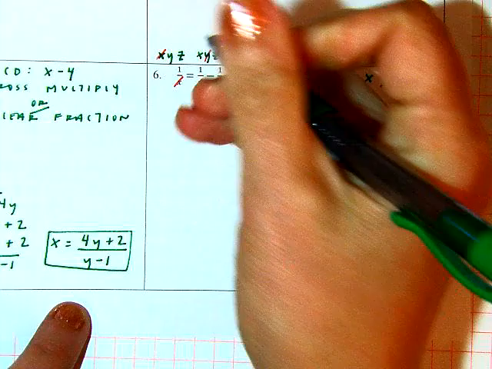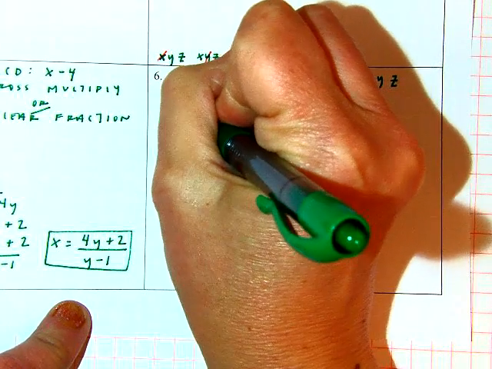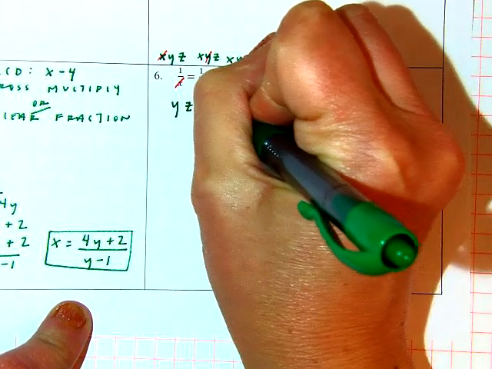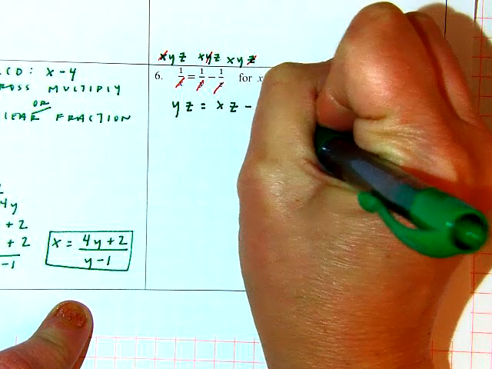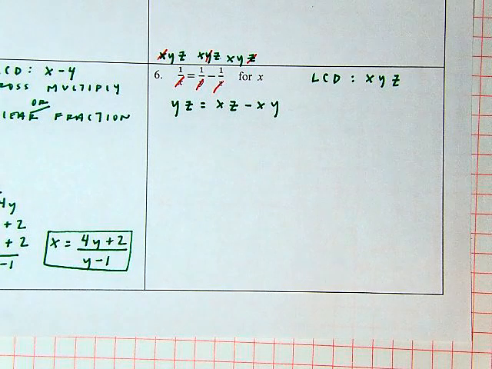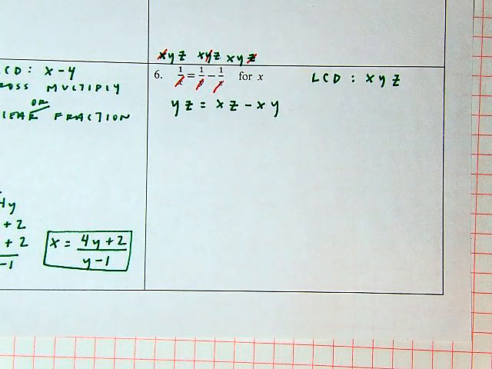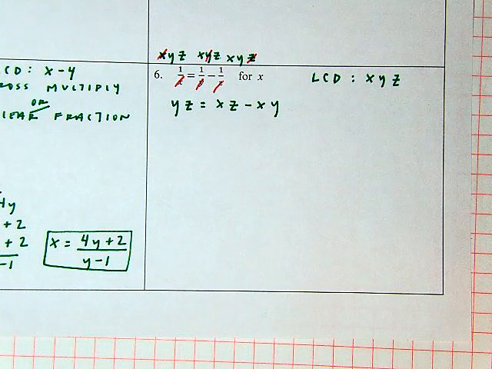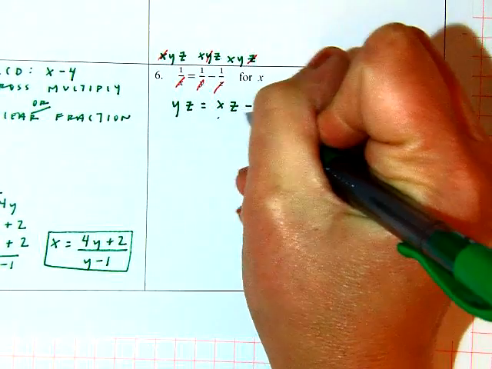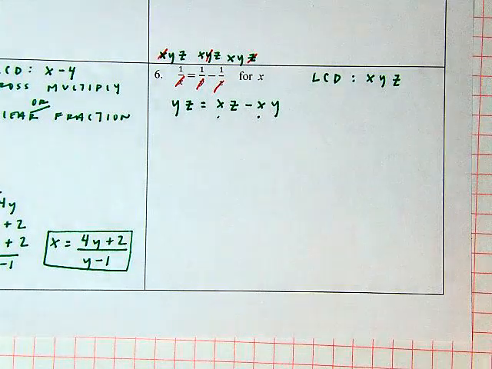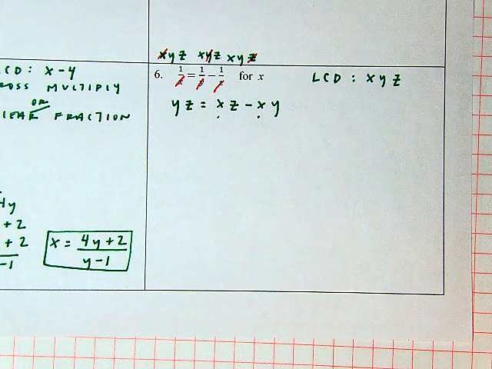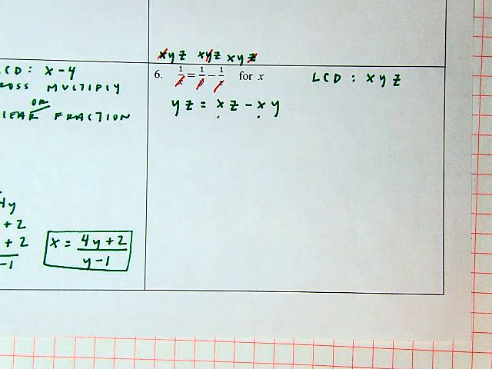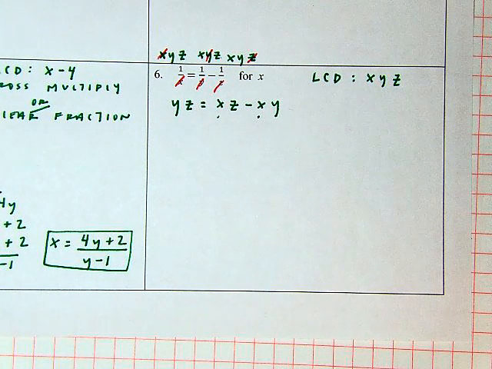So what I have left now is y times z is equal to x times z minus x times y. So here I'm trying to solve for x, and I want to look at where I have x in all of my terms, and I see that I have an x here and I have an x here. They're already organized the way that I want them to be. They're on the same side of the equation, so I don't have to reshuffle this time to get them on the same side of the equation.